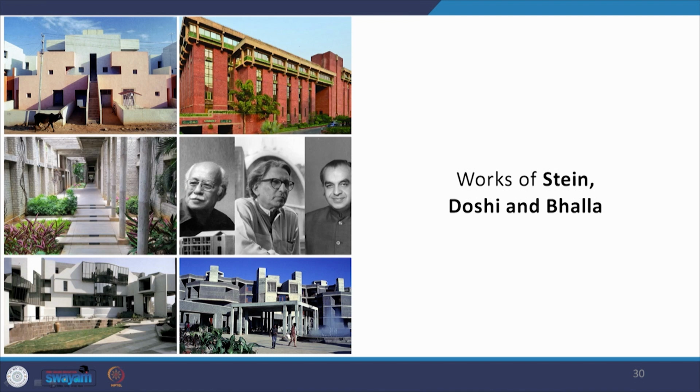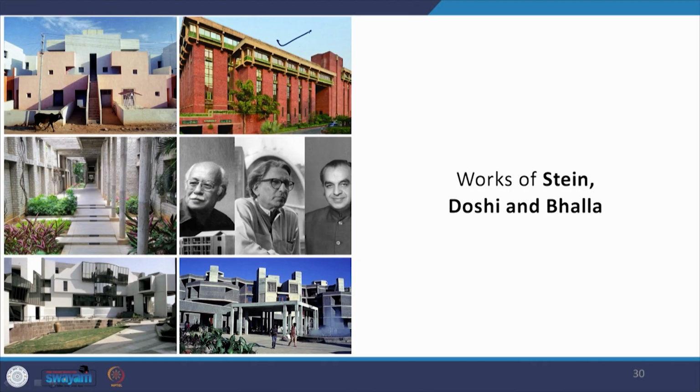Now some other firms that have played a critical role in the development of Indian architecture from the 1960s and 70s all the way into the 21st century, with the firm of Stein, Doshi and Bhalla. Mr. Stein's work and B.V. Doshi's work, the India Habitat Center by Stein, or the IIM Bangalore by B.V. Doshi, the Jabalpur State Electricity Board building by B.V. Doshi, and the NIFT in Delhi by B.V. Doshi.